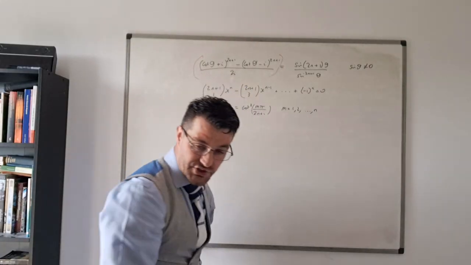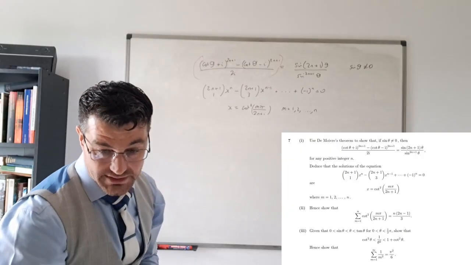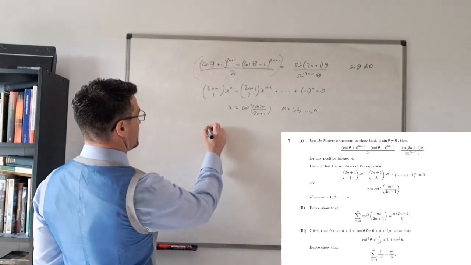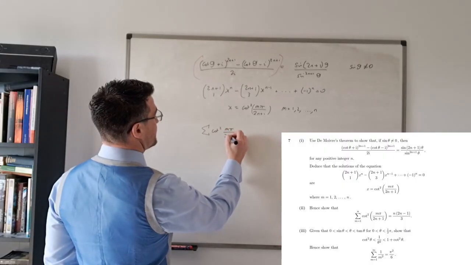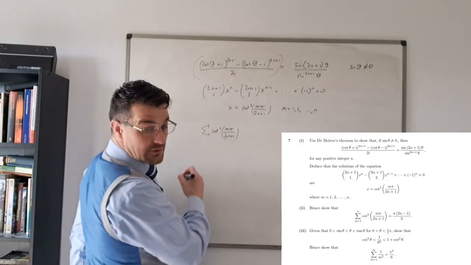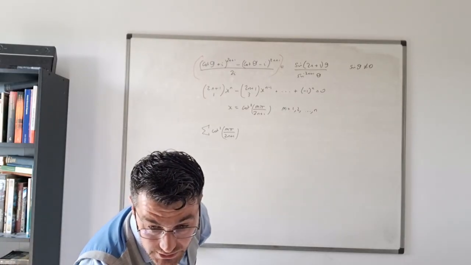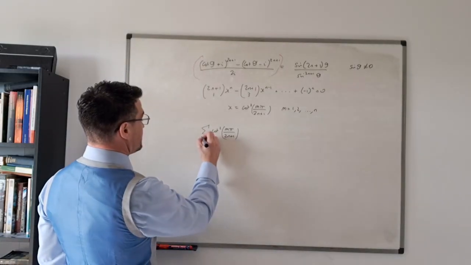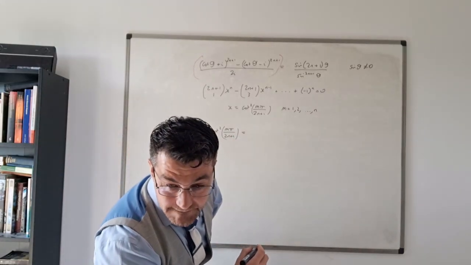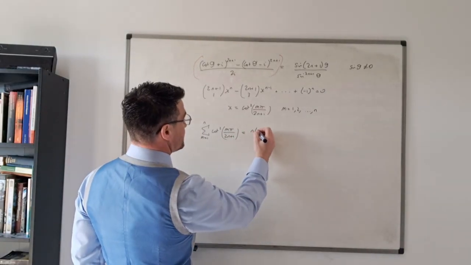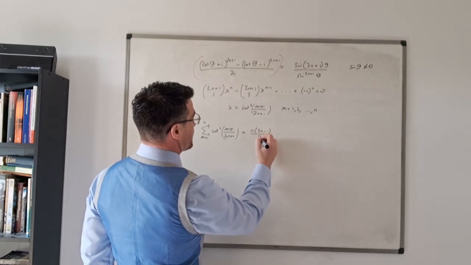So we need to deduce, or hence show, that the sum of cot squared of m pi over 2n plus 1, from m equals 1 to n, is equal to n times 2n minus 1 over 3.